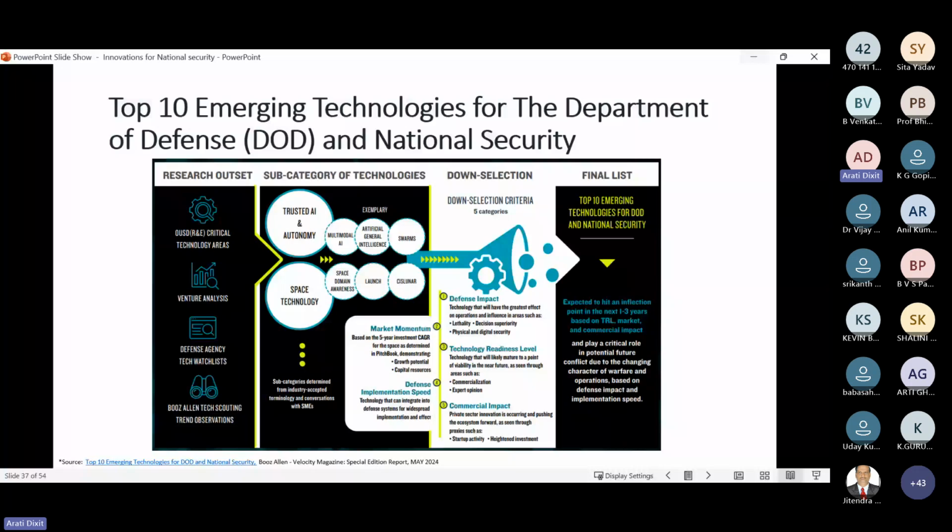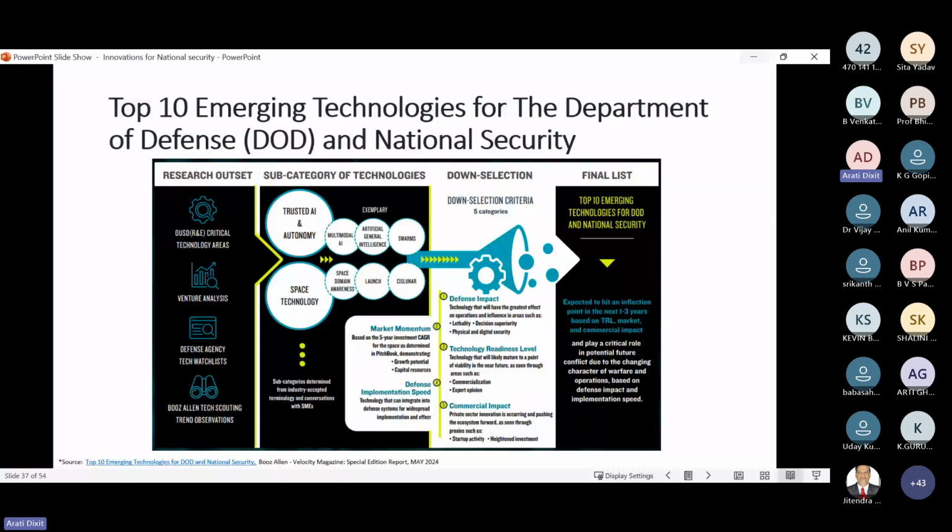They don't just take information from the defense agencies or research and development centers, but they also go further and do venture analysis. What kind of funding has been happening in these different areas?